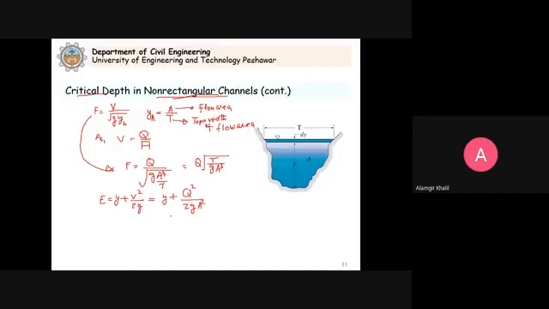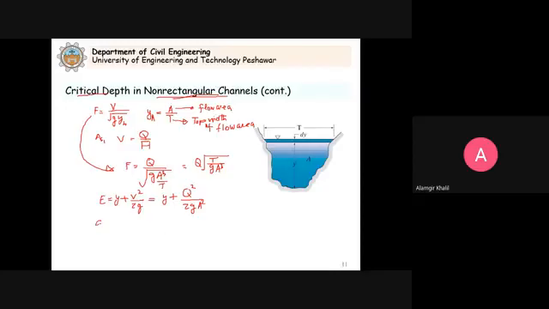Now we have to differentiate this with respect to Y, the depth of flow, and set it to 0 to find Yc, the critical depth, which is the depth for which the specific energy is minimum.